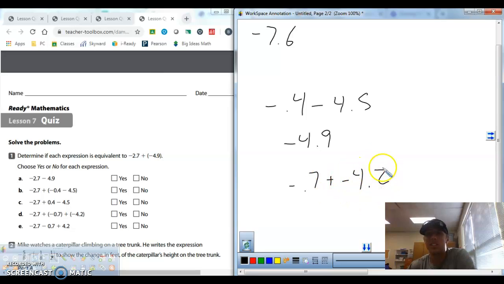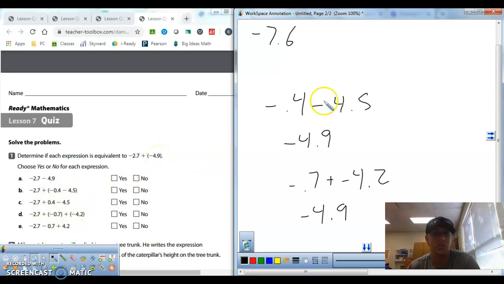It's going to be 0.7 more negative than 4.2, which gets you to negative 4.9. Okay, and that's what we want. So this is also yes. Okay, and then the last one, we've got a plus 4.2 at the end. Okay, we got a big negative 4.9. It's not going to be the same as plus 4.2, so that last one is wrong.